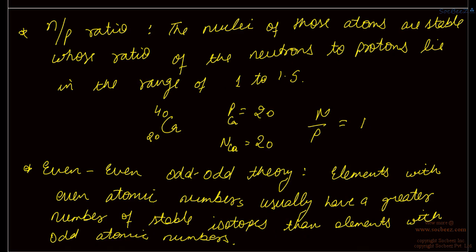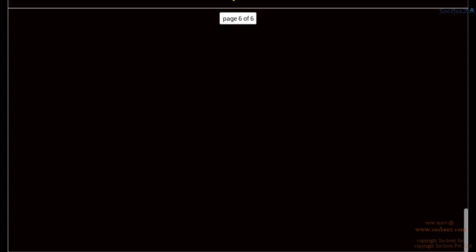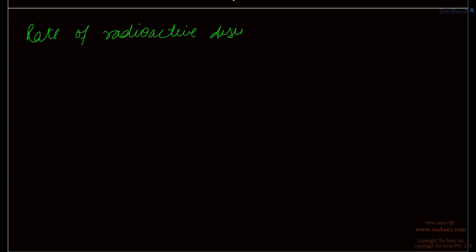Okay, in the chapter on chemical kinetics, we discussed the rate of radioactive disintegration. You must remember that all radioactive decays are first order in nature.